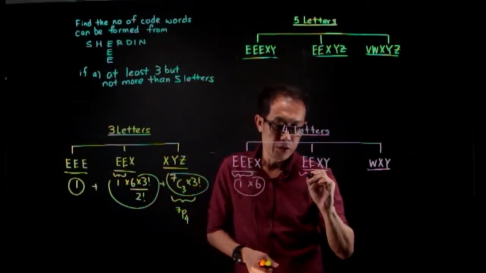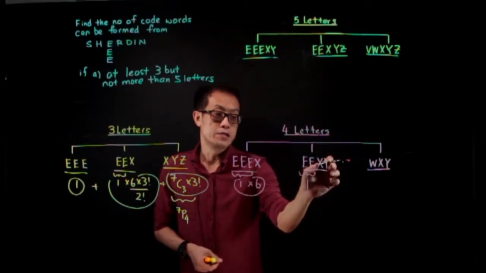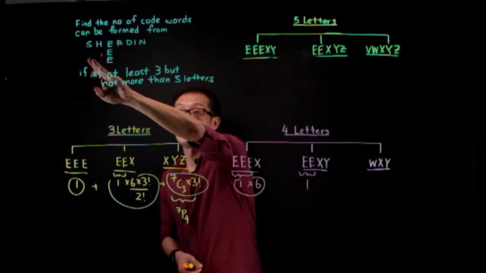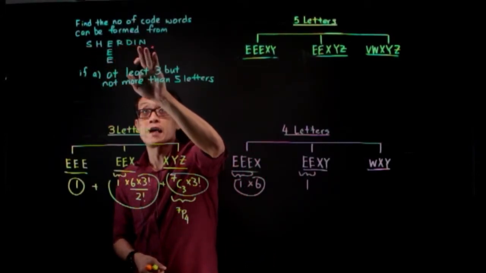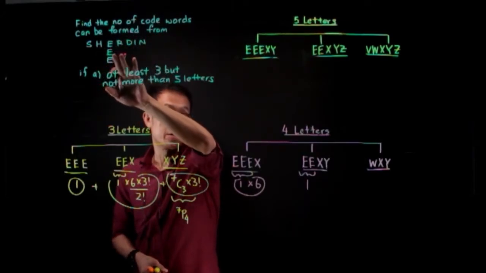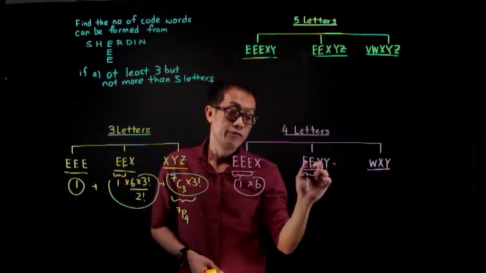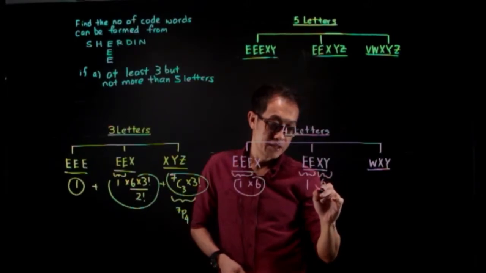The 2 E's, you only have 1 way. Now you're supposed to choose 2 letters from S, H, R, D, I, N. So altogether there are 6. You cannot choose an E because you are supposed to have only 2 E's. So you can choose 2 out of 6.